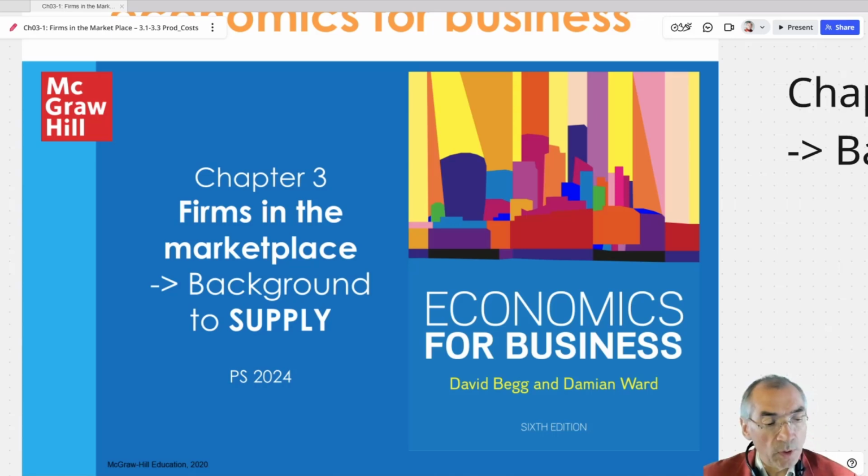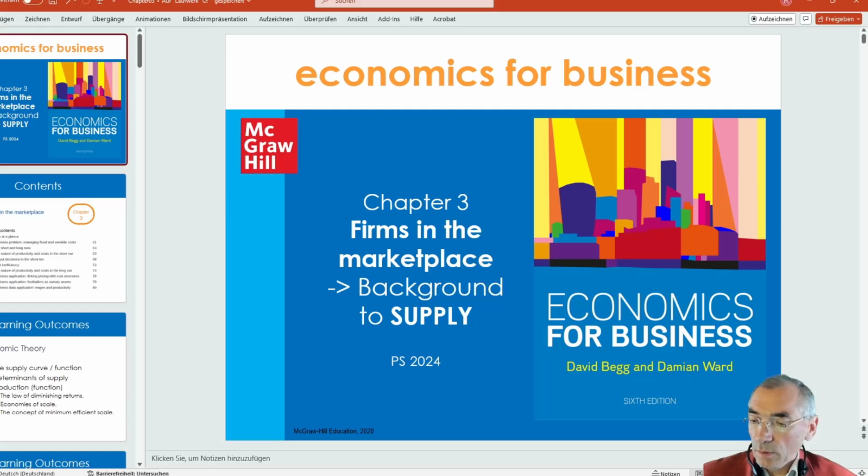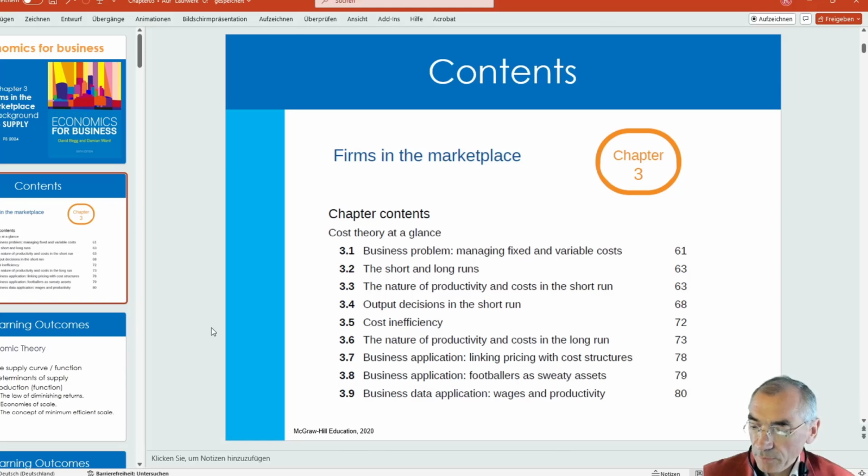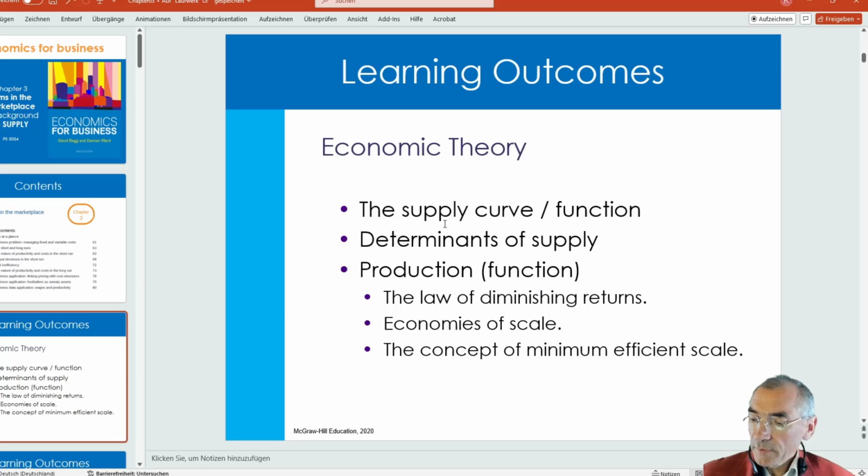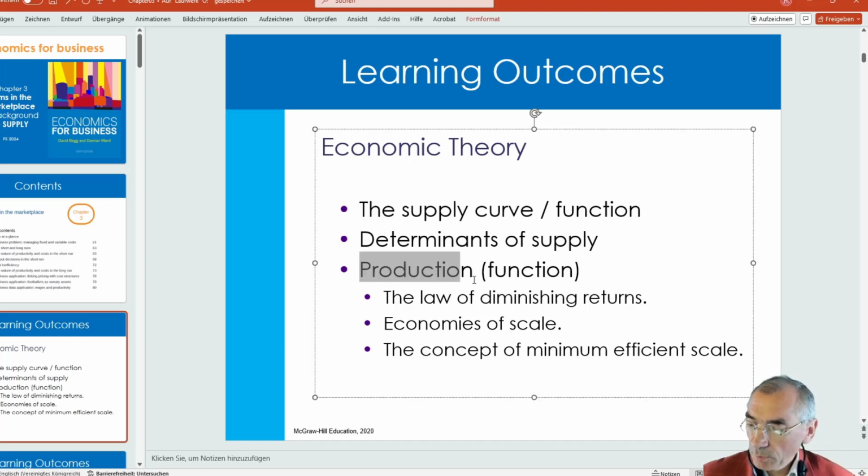Okay, we said we typically start with production. Before we do so, let's refer to our presentation. As you know, the presentation is available and gives you an overview of the book, and tells you the table of contents that we already looked at. We are going to learn the supply function, the determinants of supply, and then, first of all, talk about production, the production function.